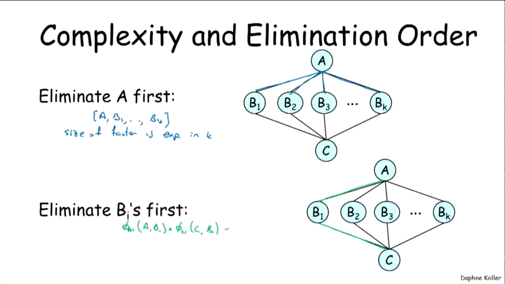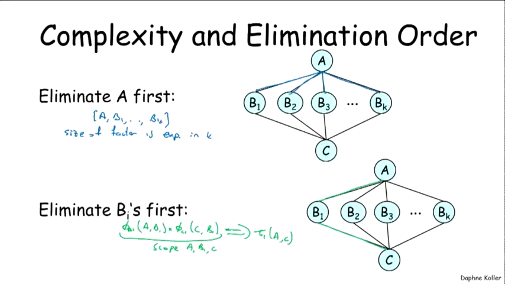And that's going to give me a factor whose scope is A, B1, and C. And the result of summing out B1 is going to be a factor tau 1 of A and C.